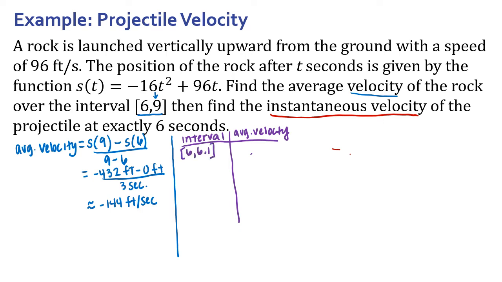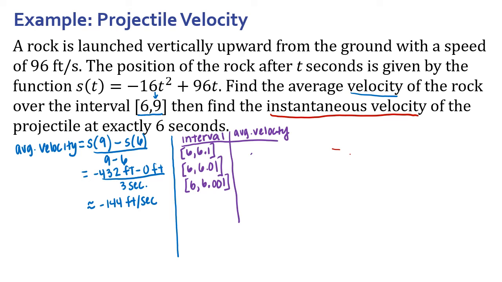So that difference between those x values is 0.1. Imagine when we were doing those applets earlier, I'm taking that second point and I'm going to move it closer and closer to 6. So we'll look at 1/100th away, 1/1000th away, and we'll see what's happening with that average velocity and see if we can find a pattern.